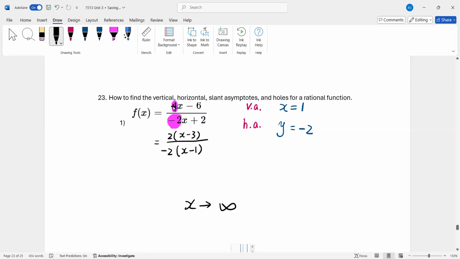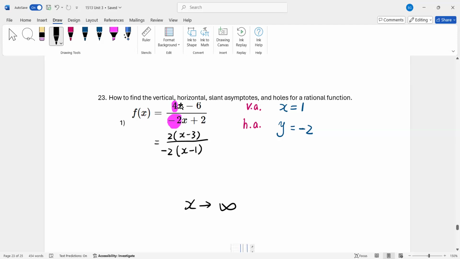The difference is made by the leading coefficient. Since they are both linear, when x approaches infinity, the numerator runs to positive infinity, the denominator runs to negative infinity because of the leading coefficient, right? And the difference is made by the coefficient.